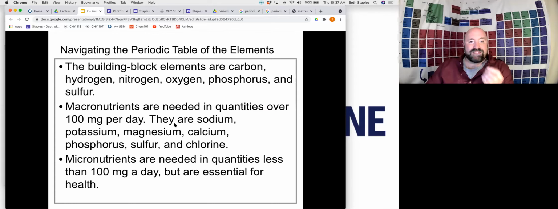Things like sodium, potassium, magnesium, calcium, phosphorus, sulfur, and chlorine. We need to continually ingest them because they're used for various processes within our bodies. We also do need various micronutrients, less than 100 milligrams a day. So we need less of those, but those are also essential for overall health.